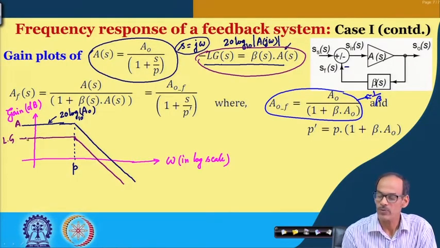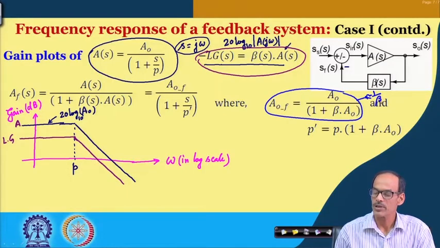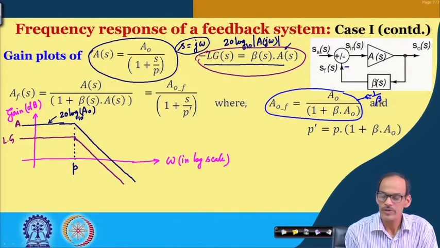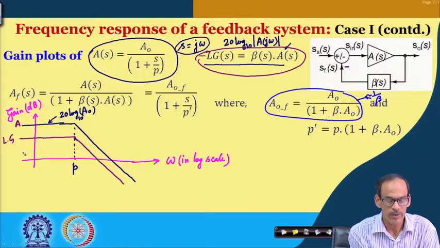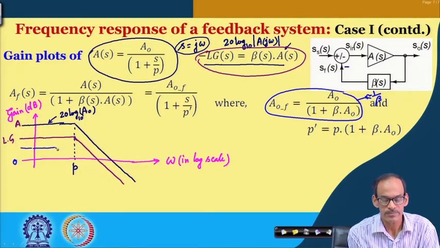So, if beta is less than 1, which means 1 by beta is more than 1, and if I say this is the 0 dB level, then 1 by beta will be like this. So, this is AF.